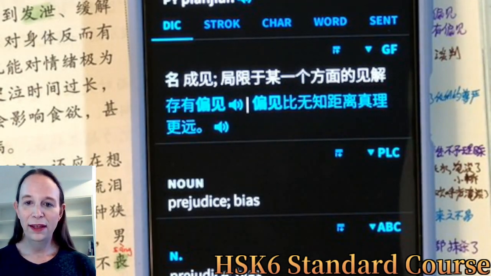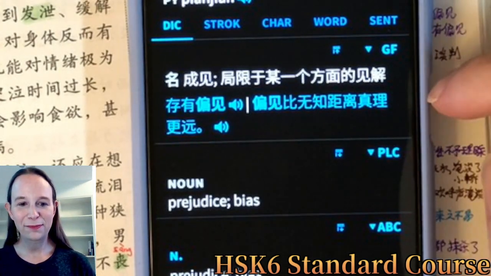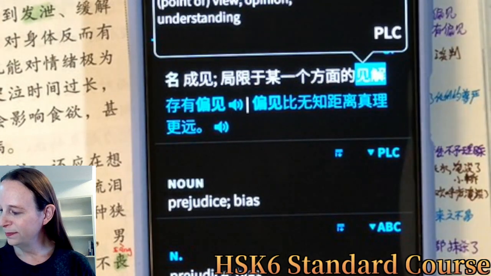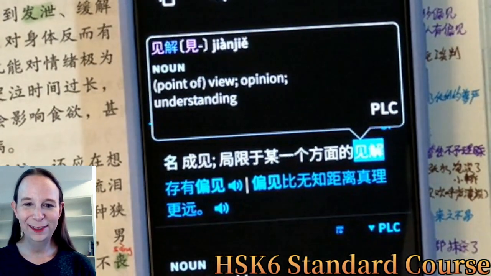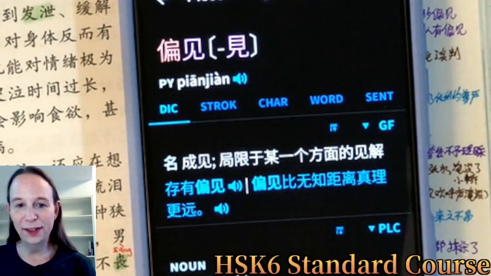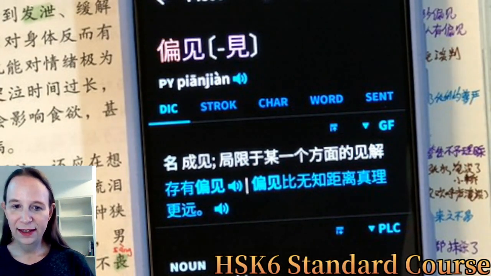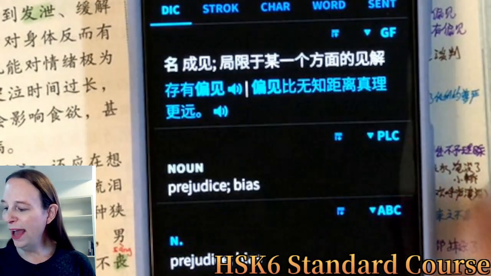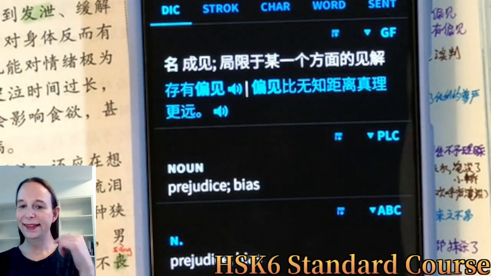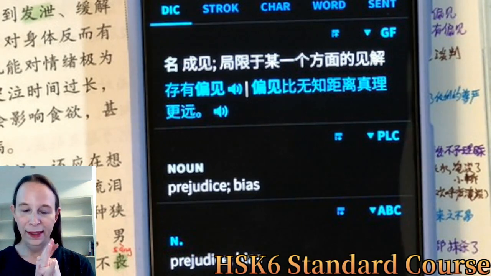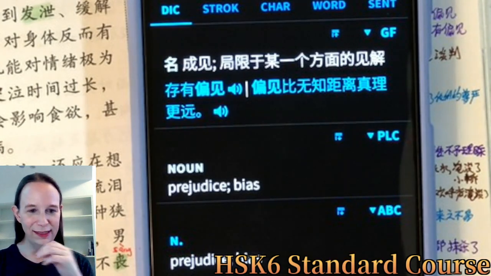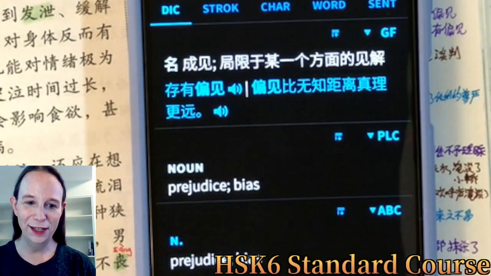So your 见解, your point of view, is limited to one side. 偏见. So prejudice, but bias as well. Things like, do you know the concept of outgroup homogenization?